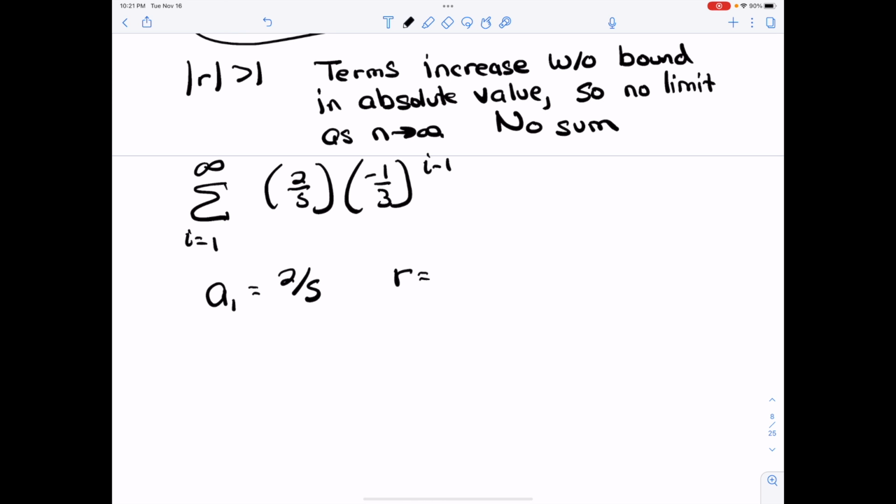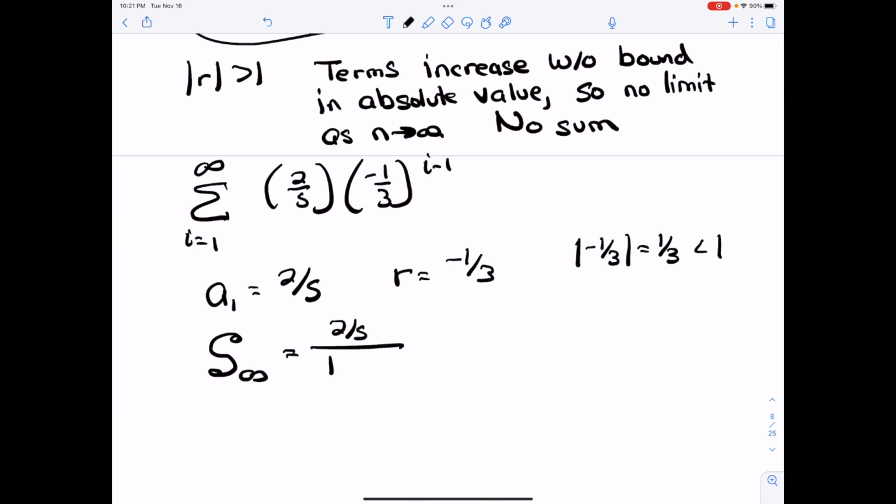And then your r is negative 1/3. The absolute value of negative 1/3 is 1/3, which is less than 1. Okay, so we can do this. If we want to find the infinite sum, we can use a sub 1 over 1 minus r.